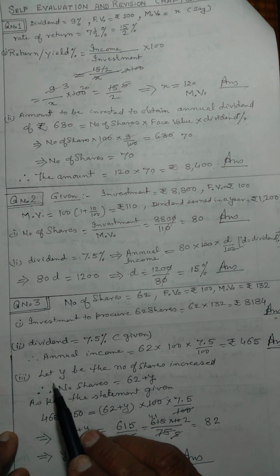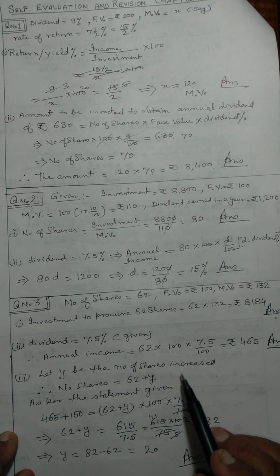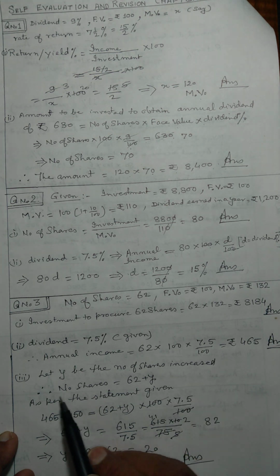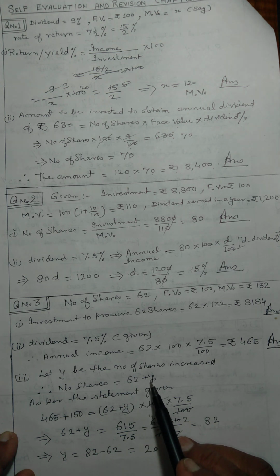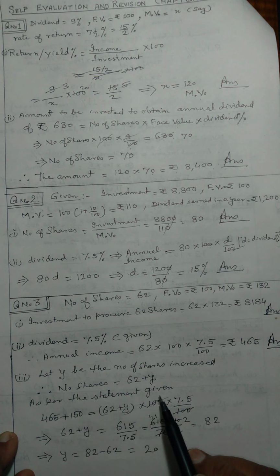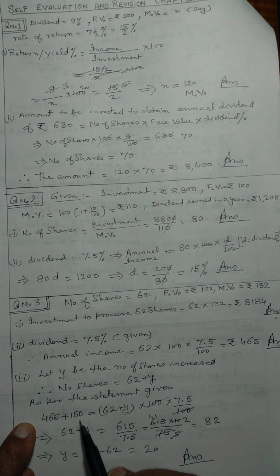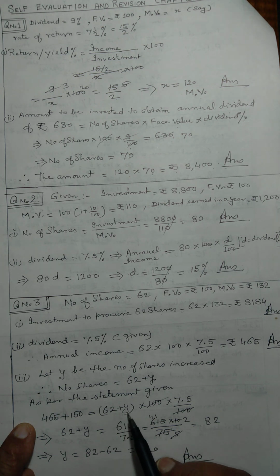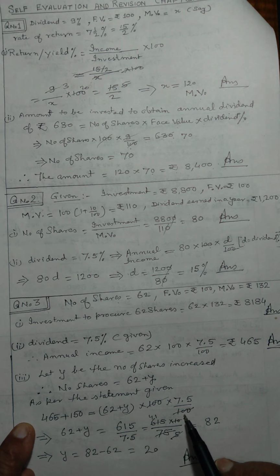Now the third part, let Y be the number of shares increased. Therefore, the number of shares will be equal to 62 plus Y. As per the statement given, 465 plus 150 is equal to 62 plus Y, bracket closed, into 100 into 7.5 by 100.